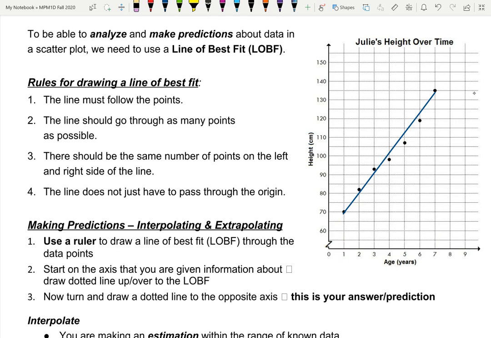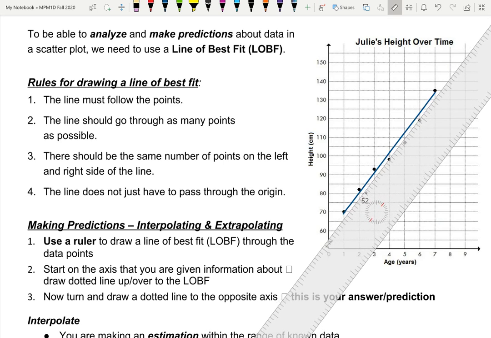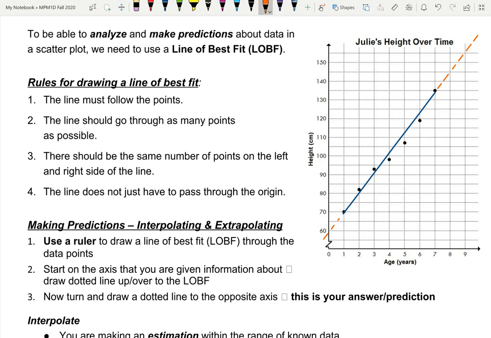To make predictions using extrapolation, we would just extend our line of best fit. So I'm going to extend using dotted lines, so you understand that I've extended our line of best fit.